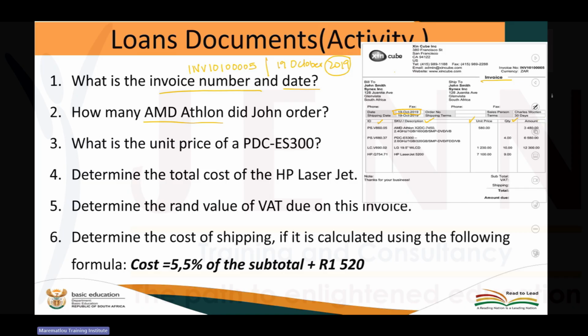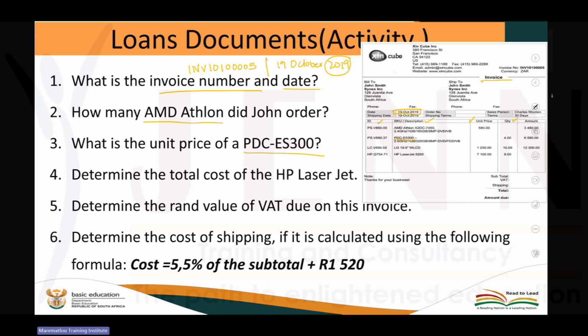Now, they say, what is the unit price of PDC E5300? Meaning that there is an item with this name. If you go to the descriptions of your items, you can see here is PDC E5300.